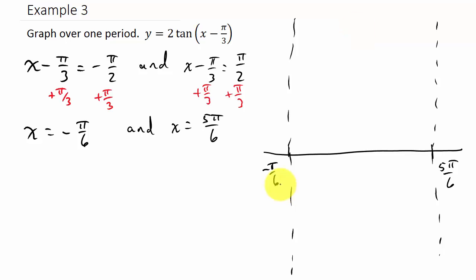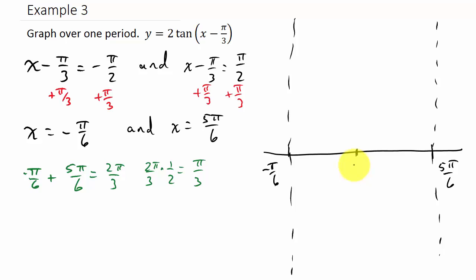So I need the midpoint between these two. The other ones were easy to find the midpoint. So to find the midpoint, all we do is we take the negative pi over 6 plus 5 pi over 6. Whatever we're looking to find the midpoint between, we just add them together and then half it. So this is going to be 4 pi over 6, which is 2 pi over 3, if we reduce it. And then I take the 2 pi over 3 and I half it, so I multiply by half, and that's going to be pi over 3.